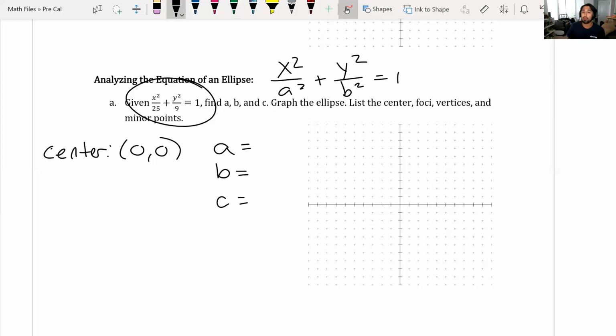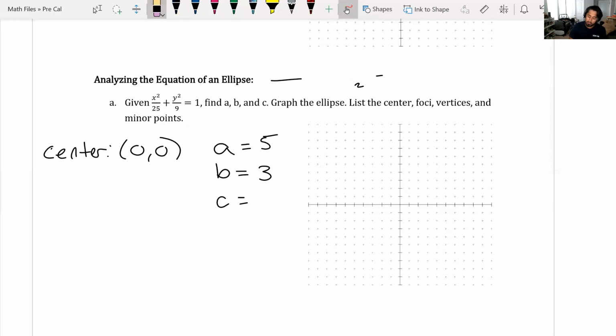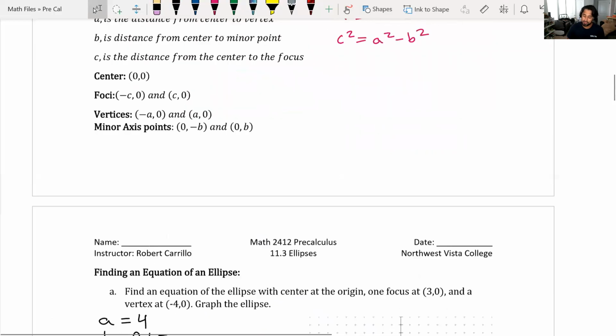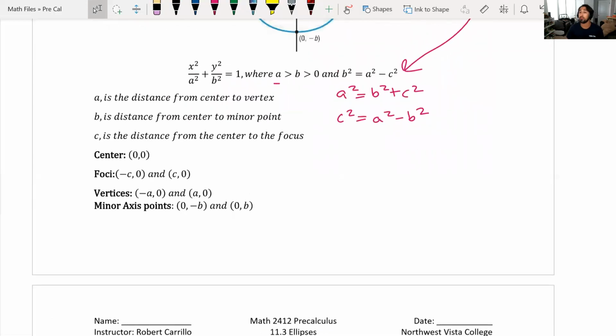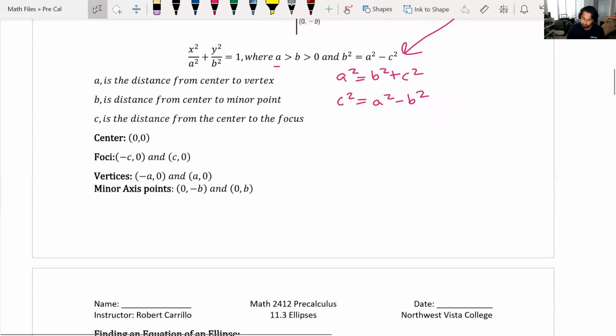So if a squared is 25, then a is going to be 5. If b squared is 9, then b is going to be 3. And now all we have to do is find the value of c. And remember, we wrote that above. To find c, it's going to be c squared equals a squared minus b squared.